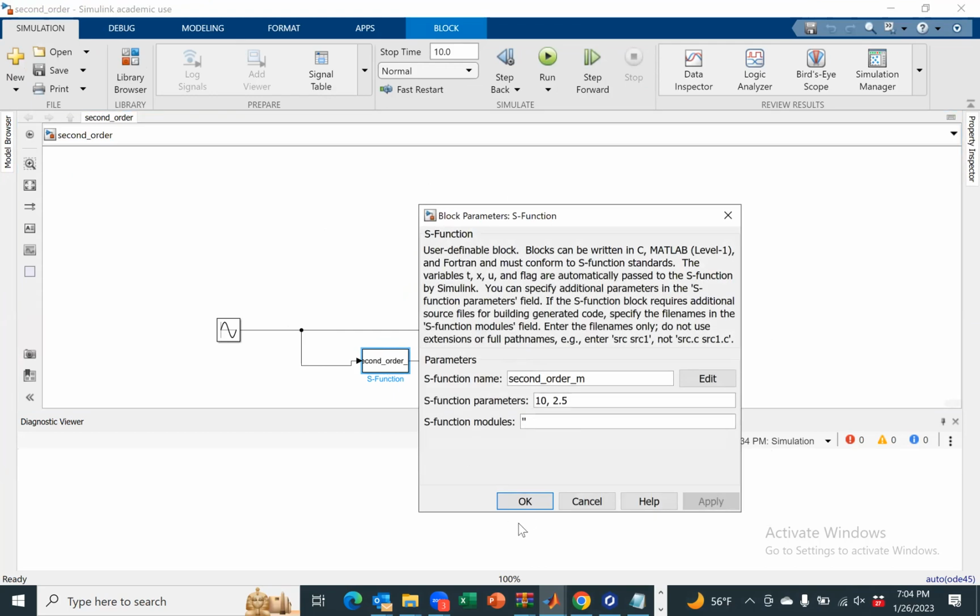Can you see, this is where I'm specifying the name of that MATLAB file, second underscore order underscore m, where all that S function code is. Everyone understood this? S function parameters are the constants that I'm passing to that parameter. So omega n is 10, zeta is 2.5. You can hard code it. That's totally fine. You can put it in the code and you don't have to supply anything over here.